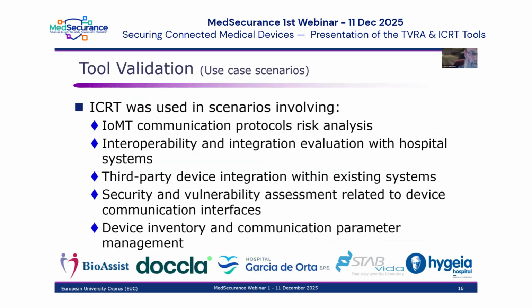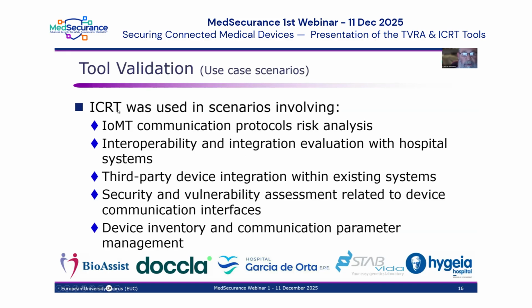So for the last part of the presentation, I collected some information about the tool validation from the use case partners: BioAssist, Dokla, Garcia de Horta, Stab Vida, and IA Hospital in Greece.